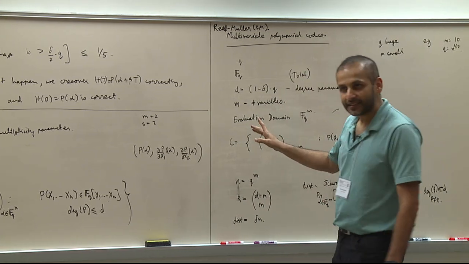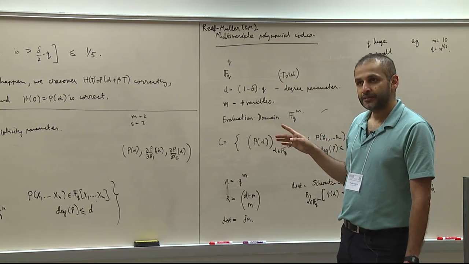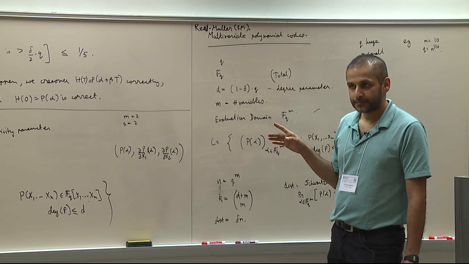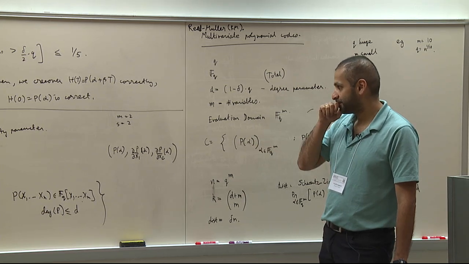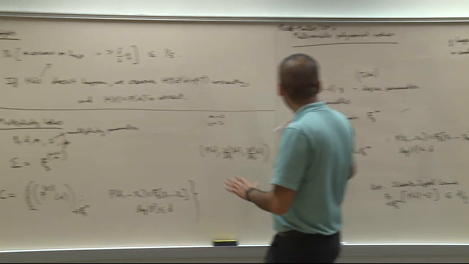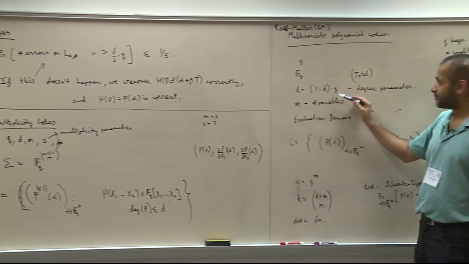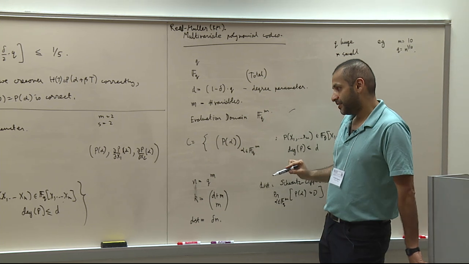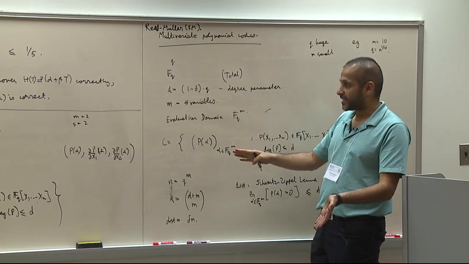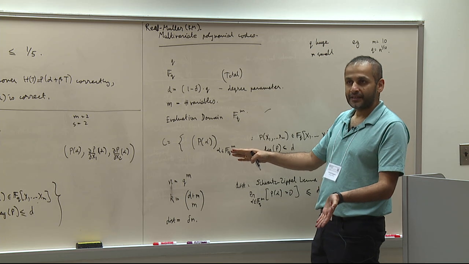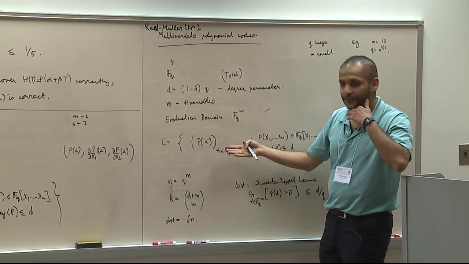Have we improved anything? I don't think we've improved anything. Right? So we have q, we have d, which is (1 minus delta) times q, we have m. We increase the alphabet size, and the number of code words stayed the same.